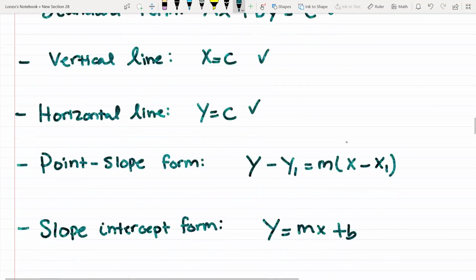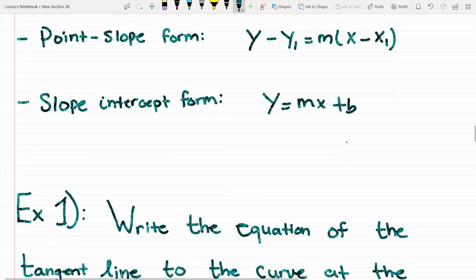And then you'll see this a lot: point-slope form is y minus y naught equals m times x minus x naught, or x1. So it's y minus y1 equals m times x minus x1. And then slope-intercept form is y equals mx plus b.